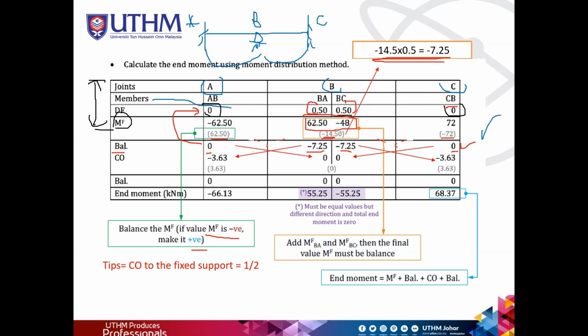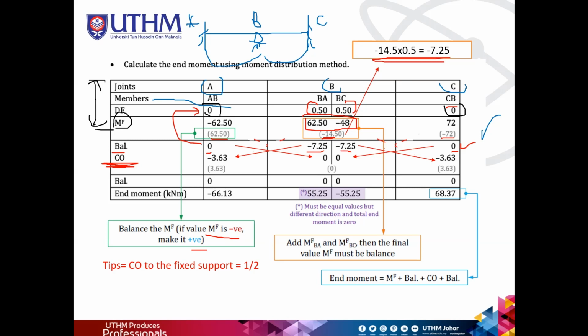Okay, now how can we carry over? Try to look at this one. If you look at here, we carry over from one joint to another joint. We cannot carry over at the same joint.